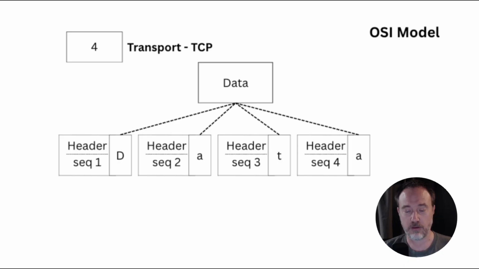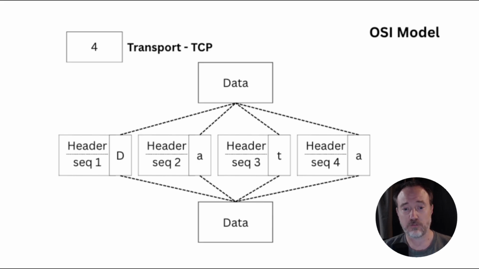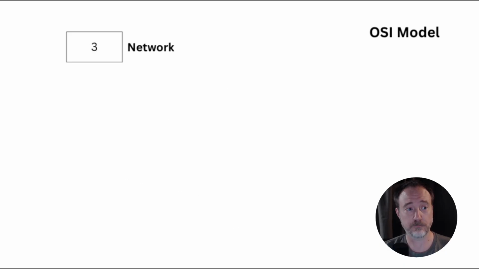When you have that sequence number, not only can the receiver say, hey, I received sequence 1 and 3, I missed 2, can you resend sequence 2 to me? The other part is that when it's receiving that, it can also reconstruct all of the data back into the original structure because it knows what order to put each one of those little pieces in. So that sequence number is very important.